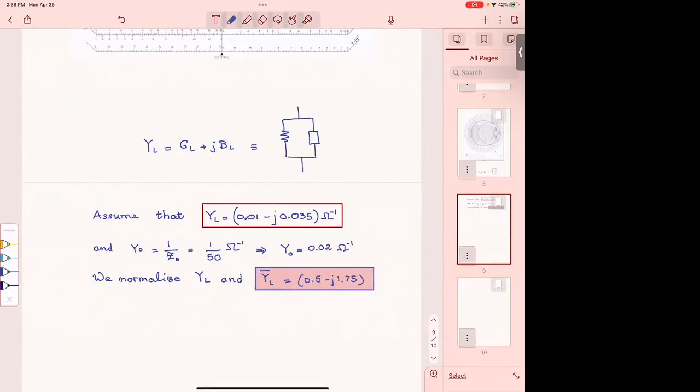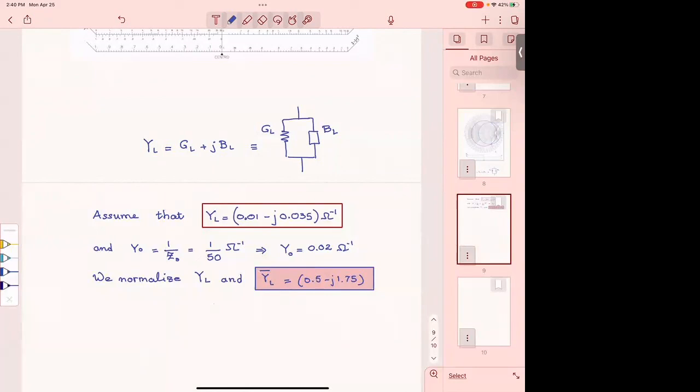So this is going to be my GL. This is going to be my BL. This is what gives me a plus. All right, you sum them up. BL, what is it going to be? A capacitor or an inductor? You said it doesn't matter before.